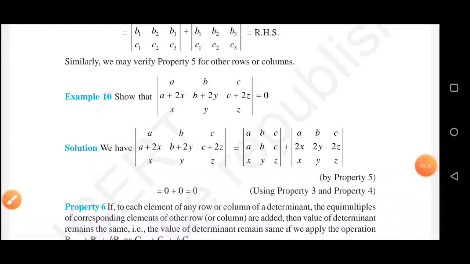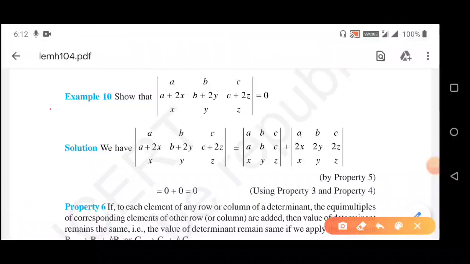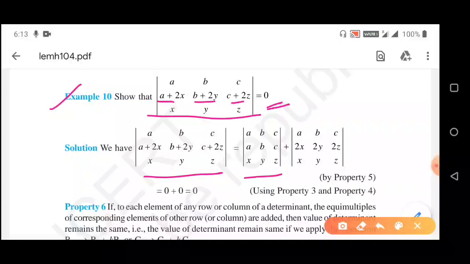Now come to example 10. In example 10 it is given to show that this determinant is equal to 0. Now see here, in the second row there are two elements in each place. So we can separate these two elements. So here we can write this determinant as A, B, C in the second row.